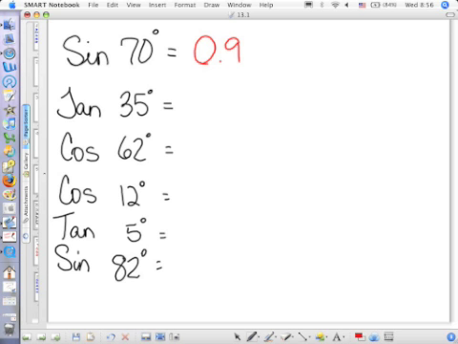This is a refresher. Find on your calculator the tangent of 35. You should get 0.7. If you're not getting it, you need to figure out why or ask me and I'll come help you. Find the cosine of 62. You should get 0.5.